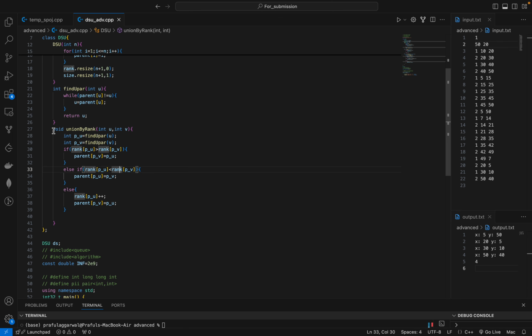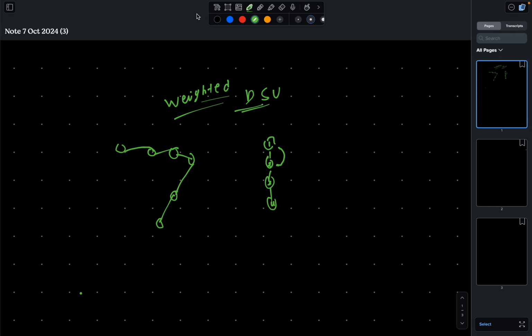And then we have a union by rank function. So imagine initially there are these three disjoint sets, and now we get an edge between 6 and 3. To join these two disjoint sets, we use the union function.